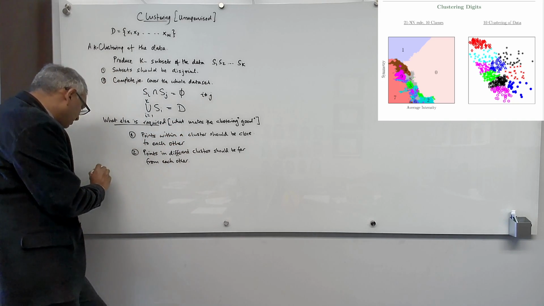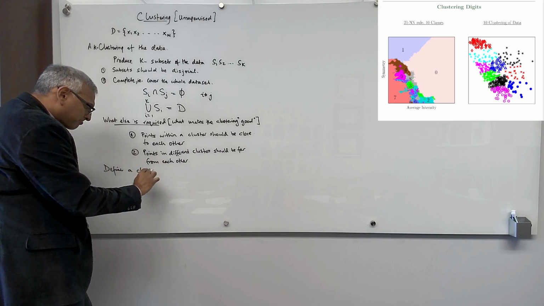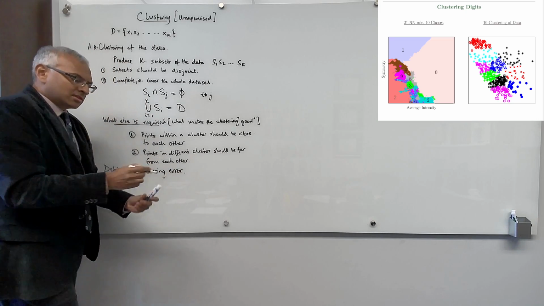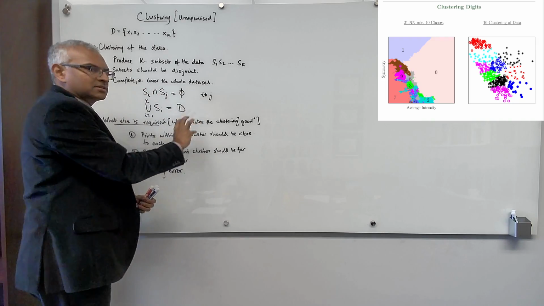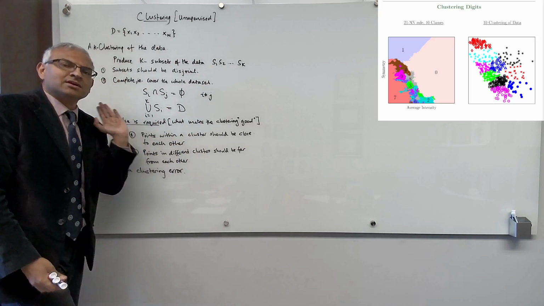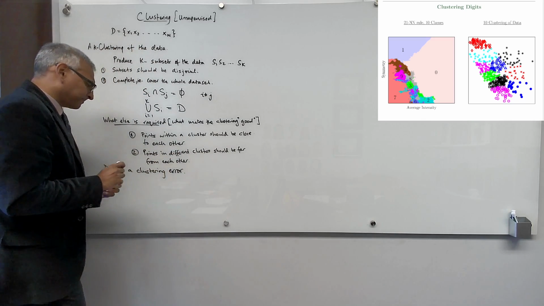So we define a clustering error. Okay. And then the idea is to output a clustering, i.e. output your K subsets, so that you minimize the clustering error. And the clustering error is relatively easy to define. Okay.